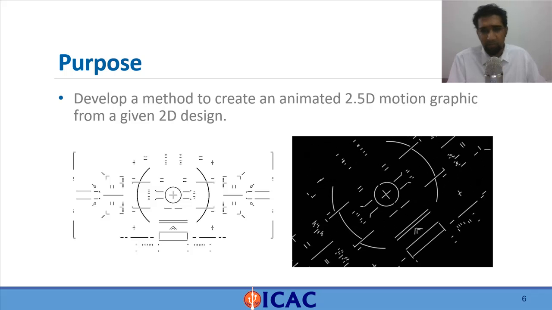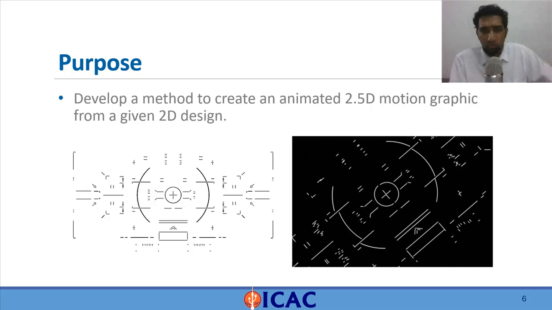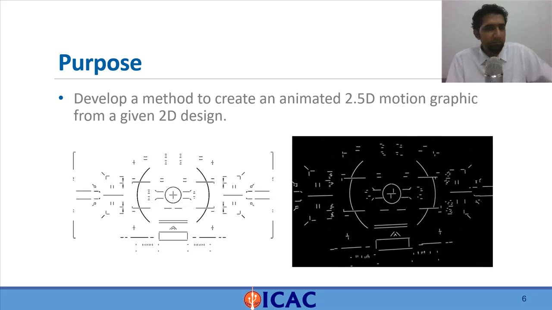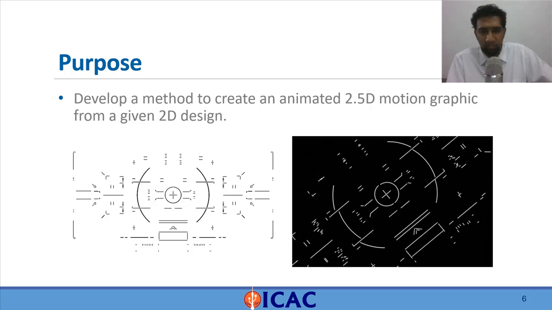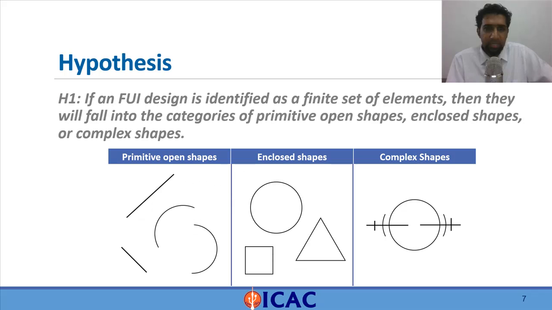If we succeed, we should be able to convert a 2D design to 2.5D motion graphics within seconds. Actually, we did. This is one of the outcomes that we have achieved.